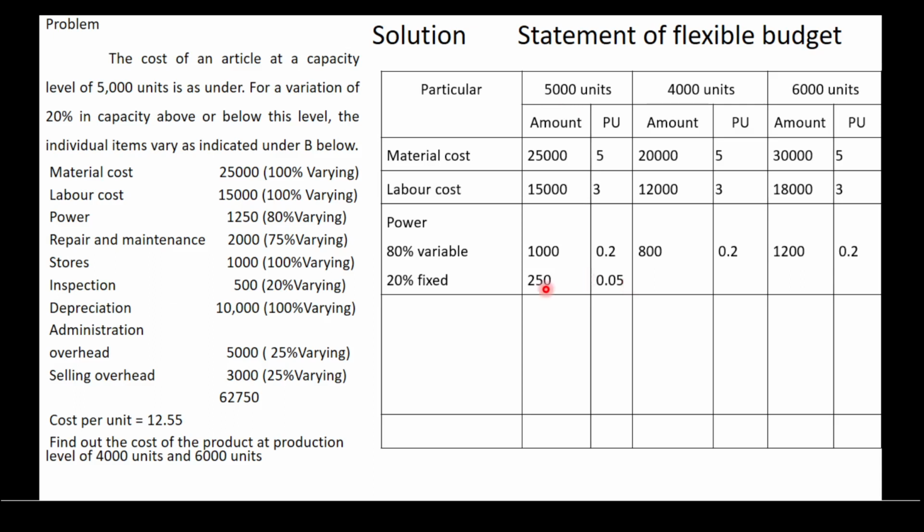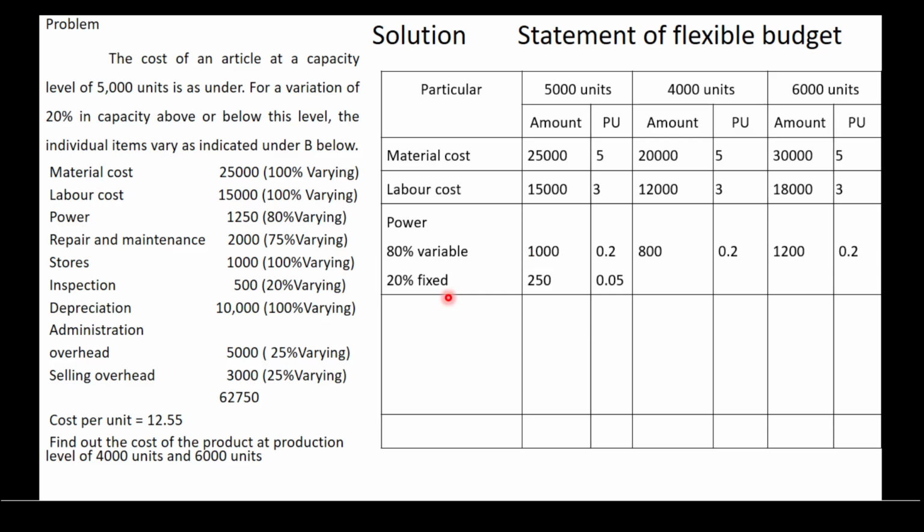ಈ 250 rupees ಅನ್ನ 5000 units ಇಂದ ನಾವು ಡಿವೈಡ್ ಮಾಡಿದ್ರೆ ಕಾಸ್ಟ್ ಪರ್ ಯೂನಿಟ್ ಎಷ್ಟು ಅನ್ನೋದು ನಮ್ಗೆ ಇಲ್ಲಿ ಗೊತ್ತಾಗುತ್ತೆ. ದಟ್ ಈಸ್ ದ 0.05. ನಾವಿಲ್ಲಿ ವೇರಿಯಬಲ್ ಅನ್ನ ನೋಡುವುದು. ಇನ್ ದ ವೇರಿಯಬಲ್ the cost per unit is the same in all levels, but the amount changes.